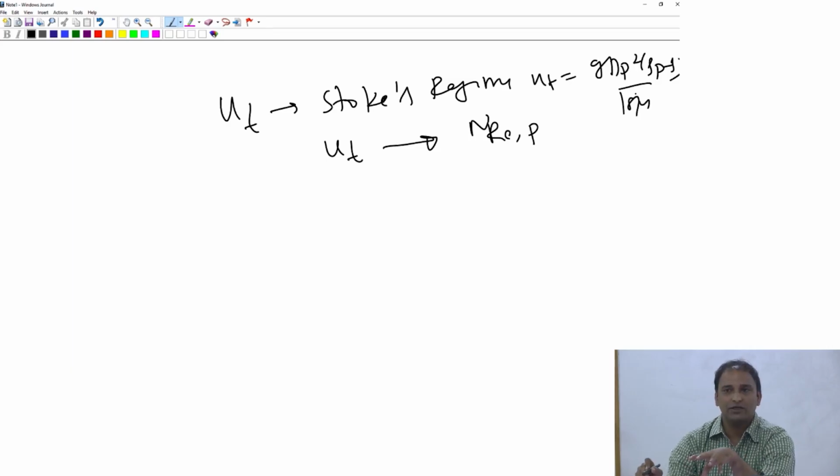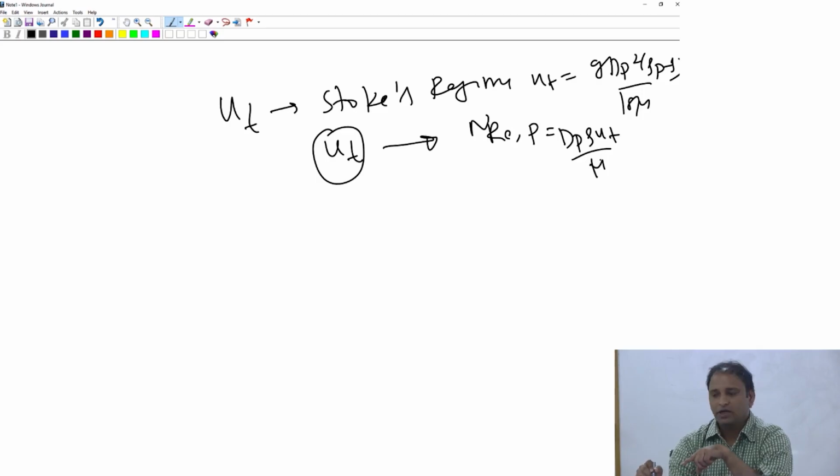You calculate the settling velocity, then you get UT, and from that you back calculate your Reynolds number, d UT rho by mu. If the Reynolds number falls less than 1, then my assumption that the particle is settling in the Stokes regime is correct.